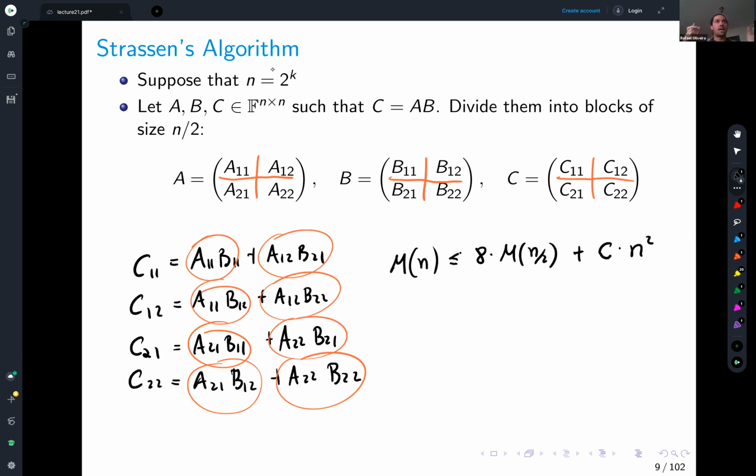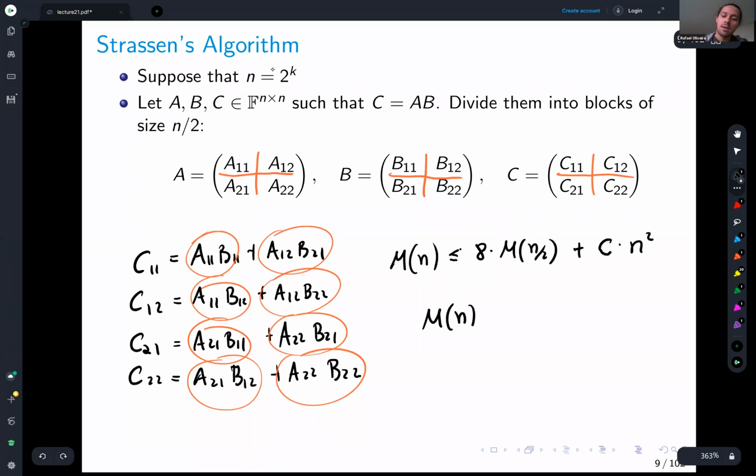I can just go entry by entry and add the entries. So that's cheap. But if you look at this recurrence, it will just give you that M of n is O of n cubed. So somehow we need to do something different. So here is Strassen's insightful idea.